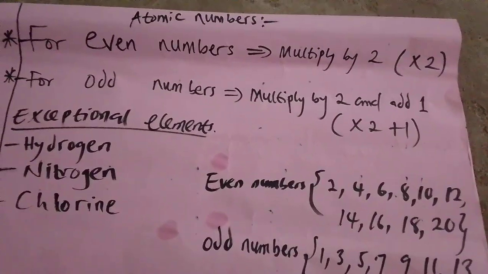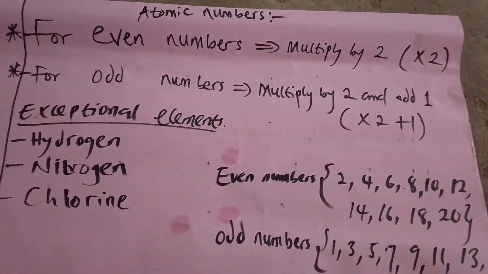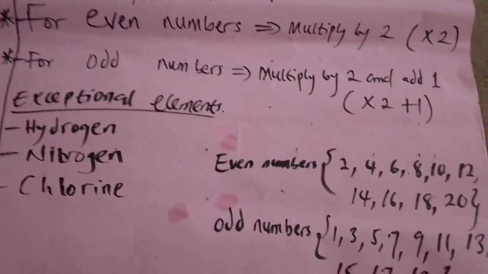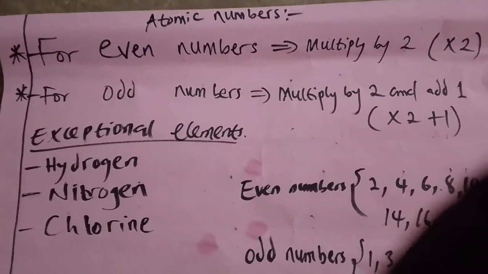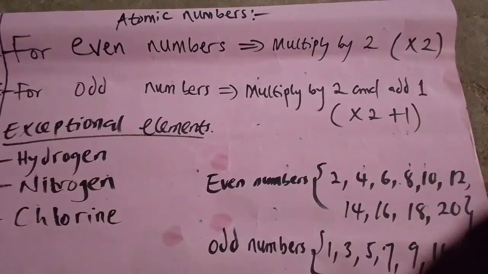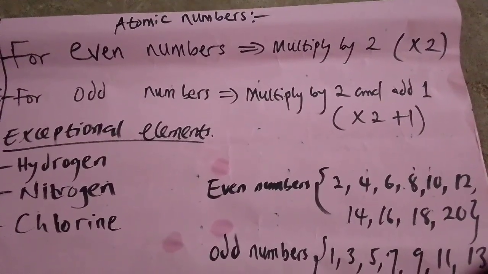So there are two conditions for the trick way to memorize the mass number of each element. Number one case is if we have an even number, we just multiply the atomic number of that element with 2.